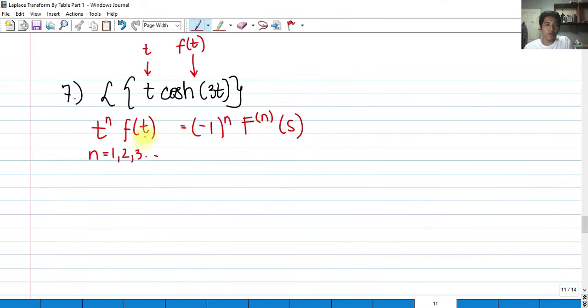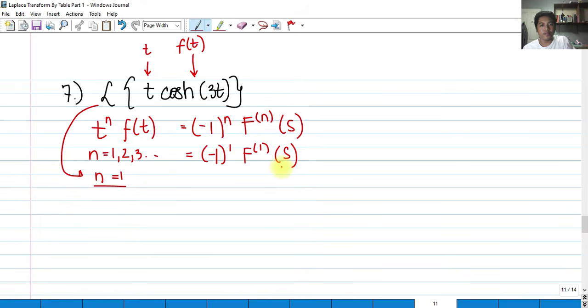So if we're going to apply this, from our given, our n is 1 because t is raised to 1. So for this problem, this should be negative 1 raised to 1 times F raised to 1 of s. If we evaluate this, this should be negative 1 and the first derivative, F1 of s.